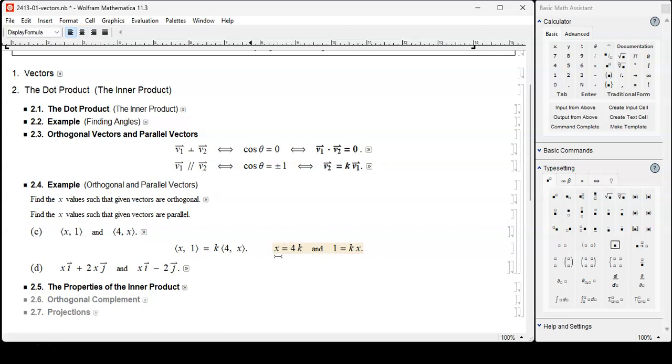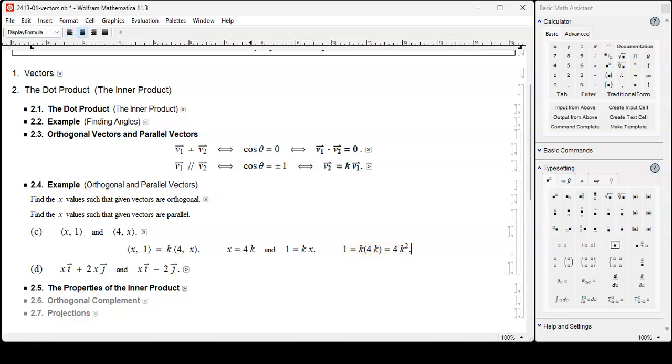So let's see. X is 4 times k. So plug into the second equation. I'm getting 1 equals 4k squared. You see, this is 4k multiplied by 4k here. So k times 4k, that's 4k squared.